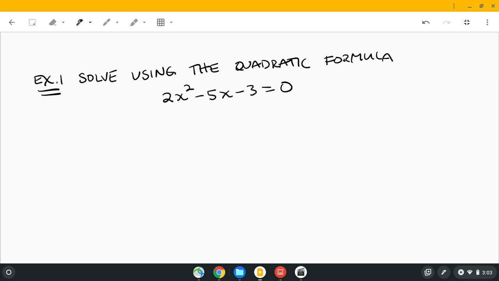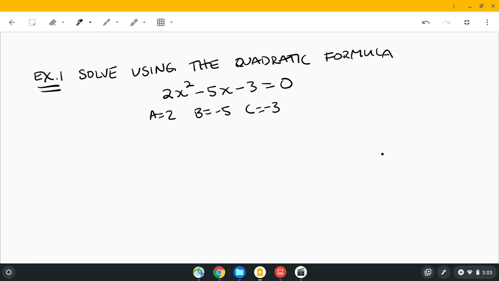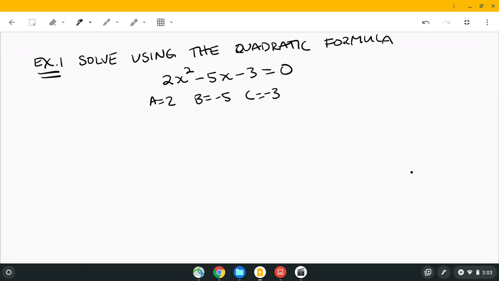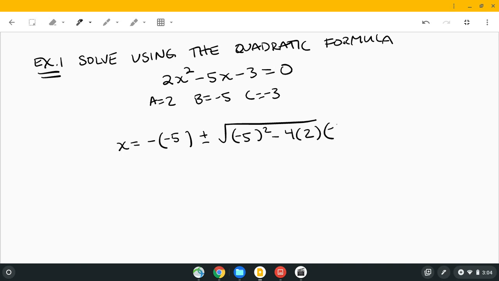Okay, so here a equals 2, b equals negative 5, and c equals negative 3. Okay, so very important that you have the correct signs. All right, so let's go ahead and plug into our formula. X equals negative b, so I'm going to plug in negative 5 in here, plus minus the square root b squared, so negative 5 squared, minus 4 times a is 2, times c, which is negative 3.